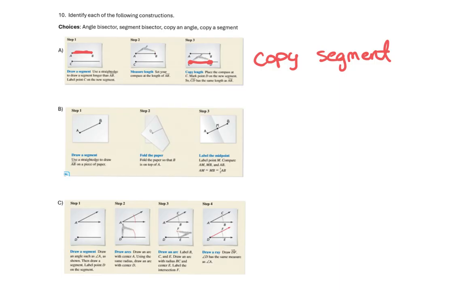When I fold it over to where the A matches with the B, that M is the midpoint. So the midpoint means that I bisect it, I cut it in half. So that's a segment bisector. And then the last one, I started with one angle, I finished with two angles, so that's because I copied the angle.